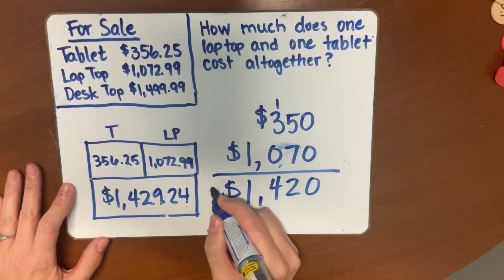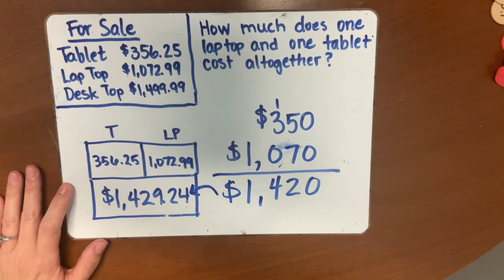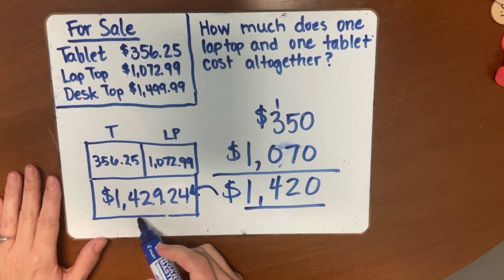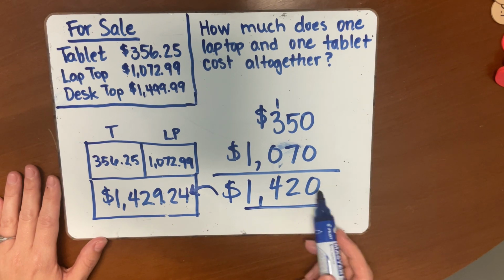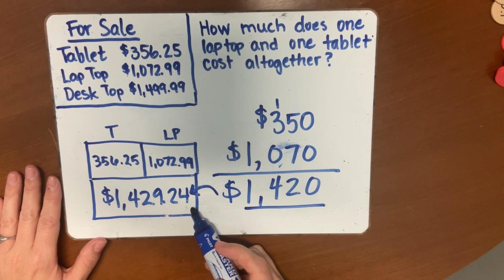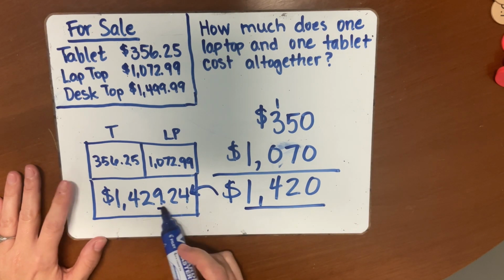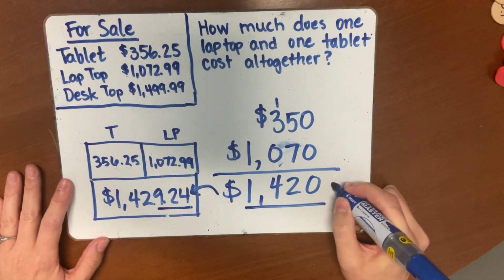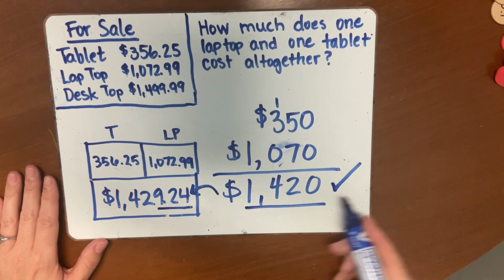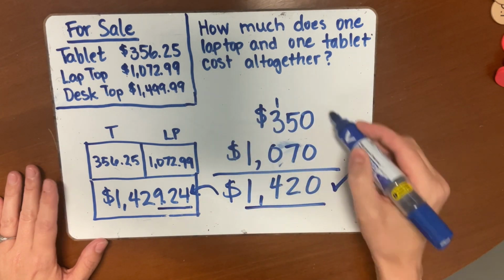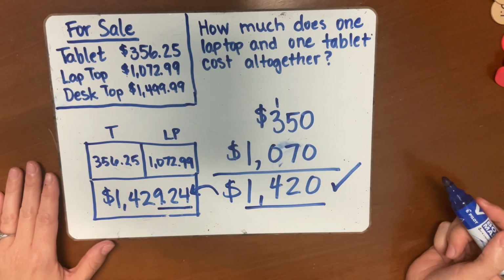And I get 1,420. Now if I compare my estimated answer to my exact answer, 1,420, is that pretty close to $1,429.24? Yeah, it's really close because it only has a difference of $9.24. So I think my answer is pretty reasonable, and this check shows that it's pretty close using a reasonable estimation.